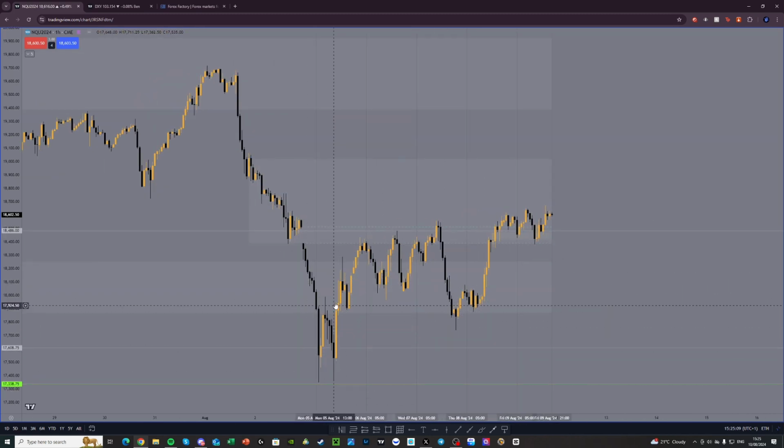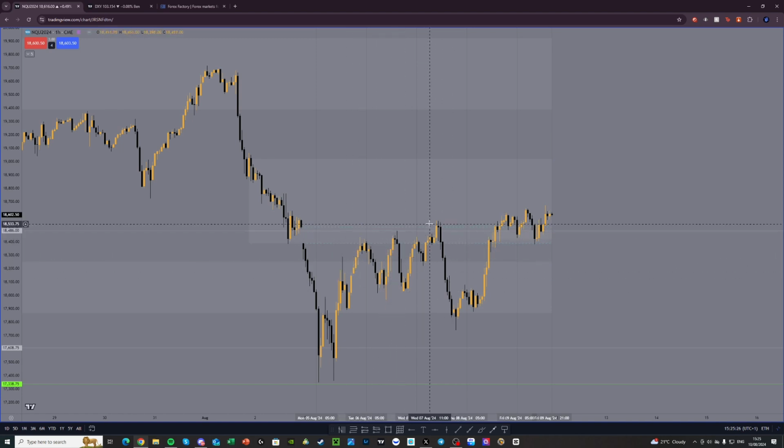So we get this move lower, and then we get sort of 3 drives higher. Now, I typically wouldn't look to trade those, but they're nice to see because it's quite obvious what the story is here.